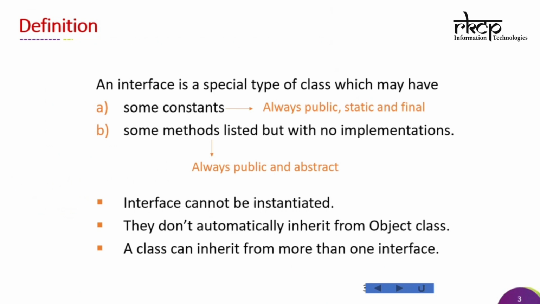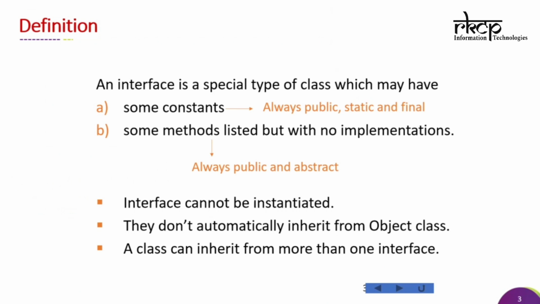Interfaces don't automatically inherit from the Object class. However, your class by default will be a child of the Object class, while an interface will not be a child of the Object class. Here a class can inherit from more than one interface, meaning you can use more than one interface with a class.